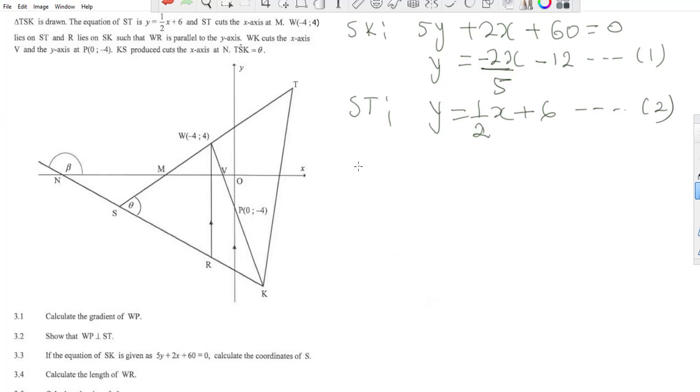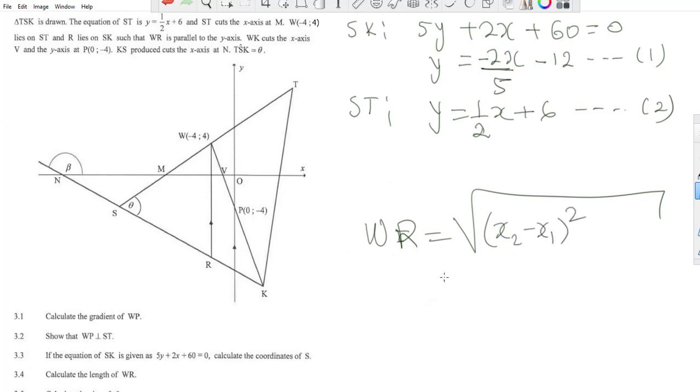Now if you have a line which is parallel to the y-axis, meaning that the x values are the same. So if you use the distance formula, remember for the distance formula, we'll have x2 minus x1 all squared plus y2 minus y1 squared.